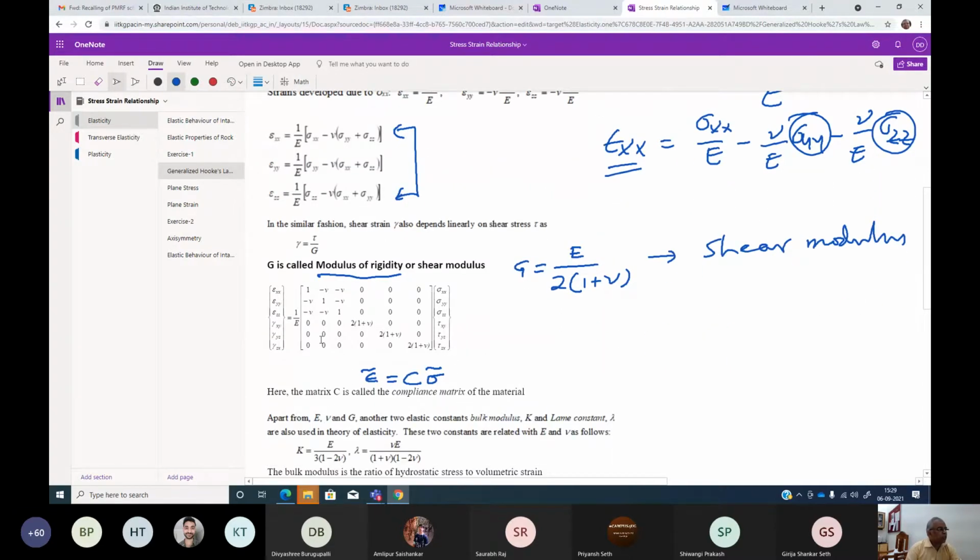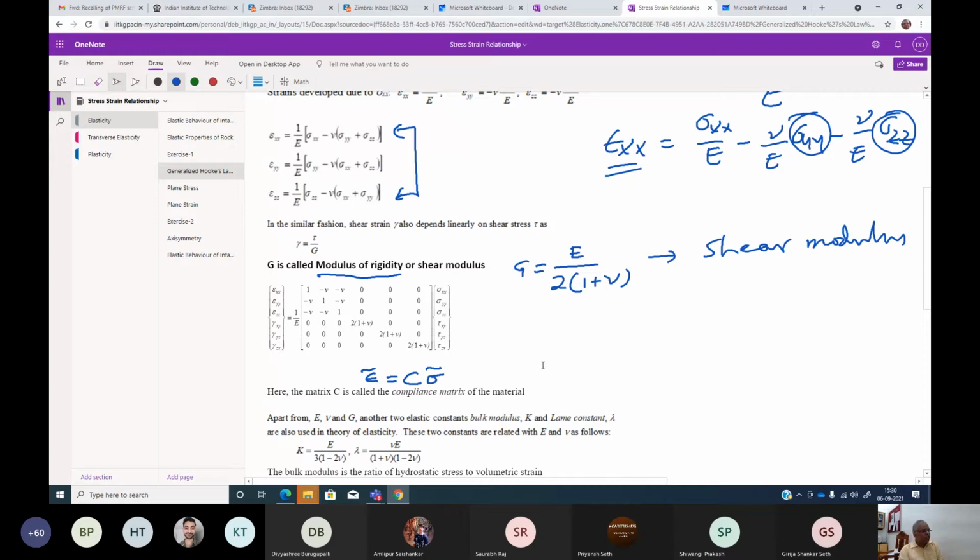So now if I put all of them together, epsilon xx, epsilon yy, epsilon zz, gamma xy, gamma yz, gamma zx, and on this side, if I put sigma xx, sigma yy, and all these, then I find a relationship like this. It's just putting this in a matrix form.